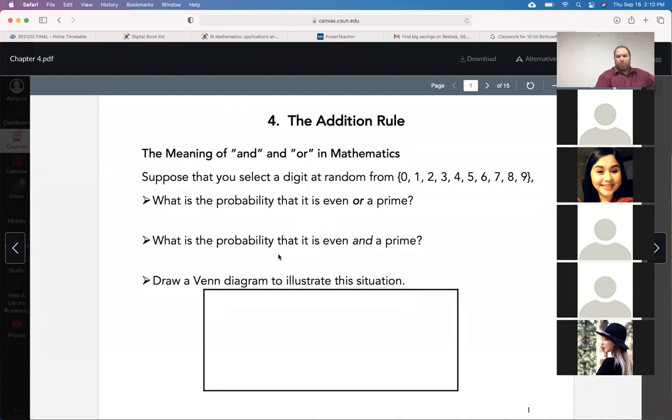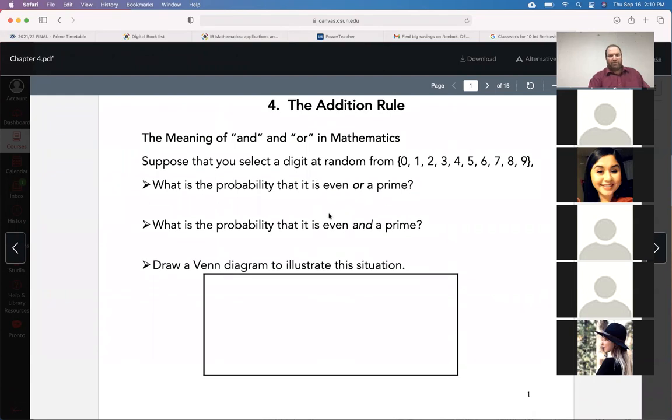To recap what we've done previously, we did, at least in words, the addition rule, where you count the number in one category, you count the number in the other category, and you add them. You just have to be careful about whether or not you get repeats.